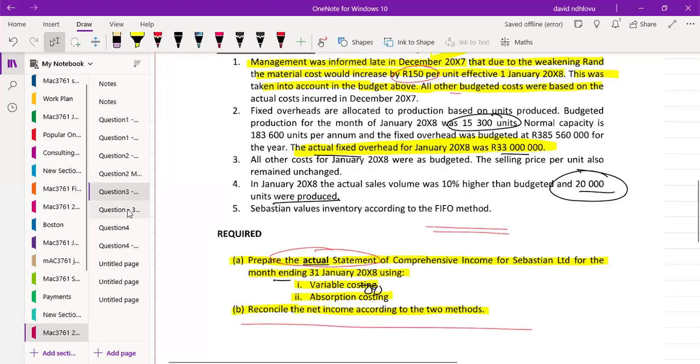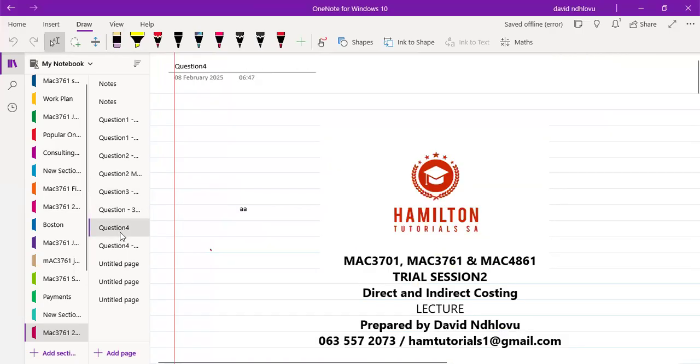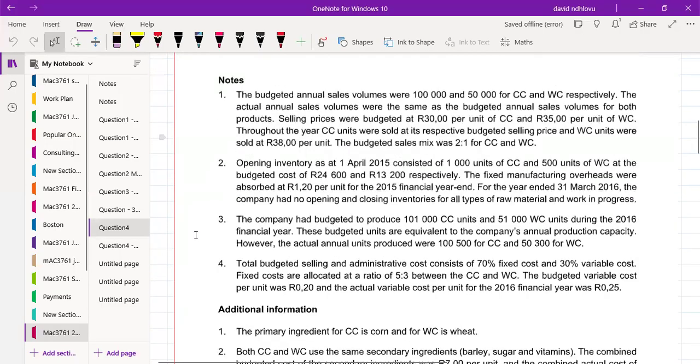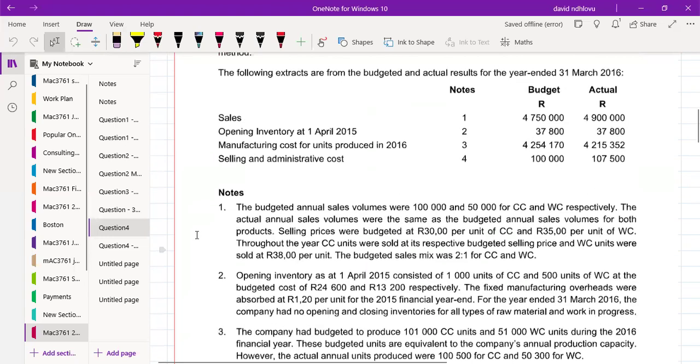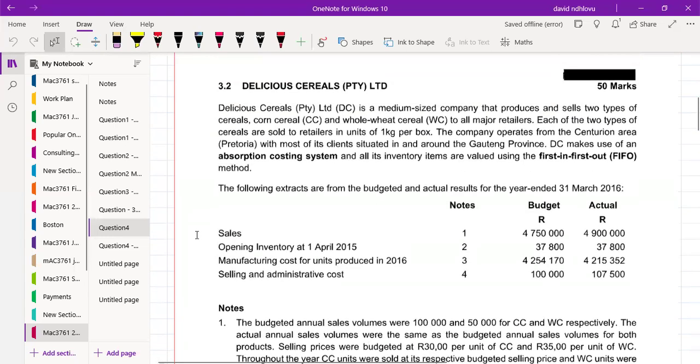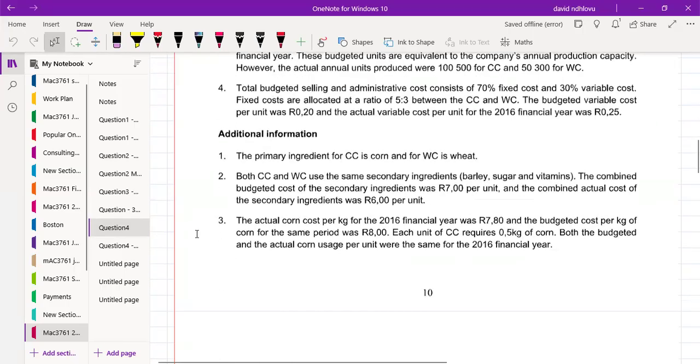I've got another question that I shared with you, which I want us to look at. It's called Delicious Cereals. Just look at the question that I gave you, written question 4. You can see this one now looks complicated because there's a long story here.